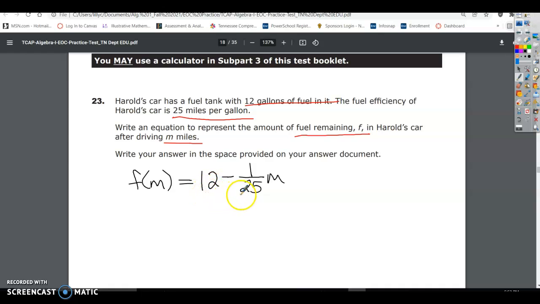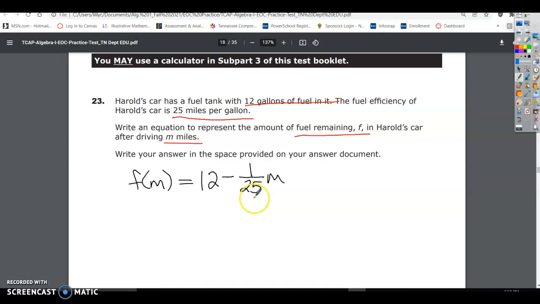So you can see if you just plug in the numbers, hopefully it would make sense. So it says write an equation to represent the amount of fuel remaining after driving M miles. So that's what we did. This is how many miles we drive, so how much fuel you have left after a certain number of miles.